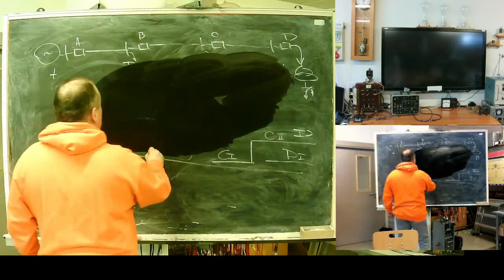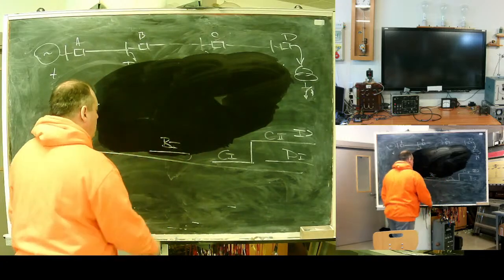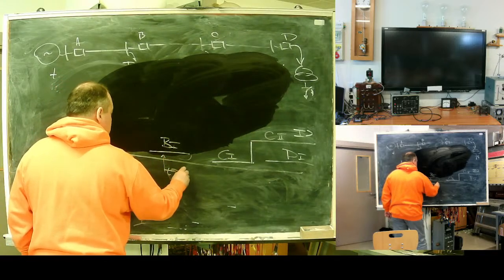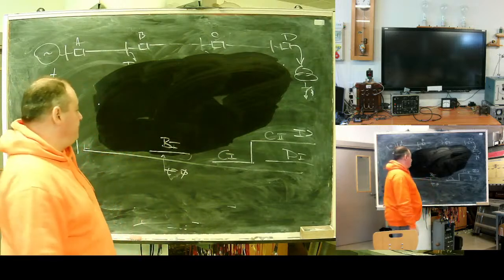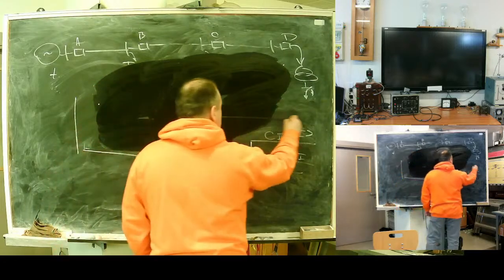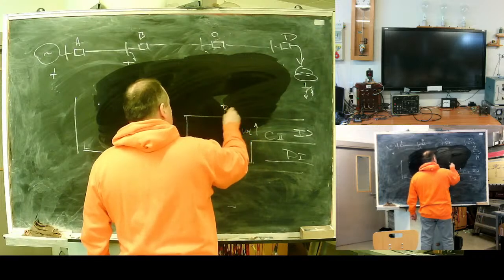For B, I will have instant B1. This one is near 0 operation time. B2.